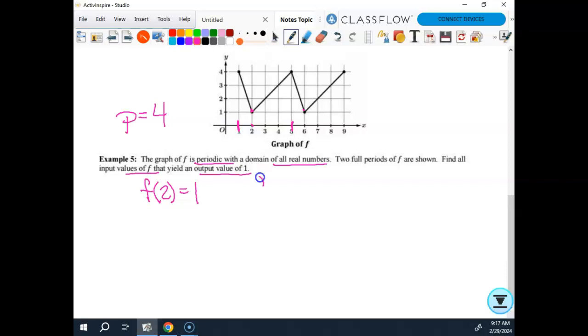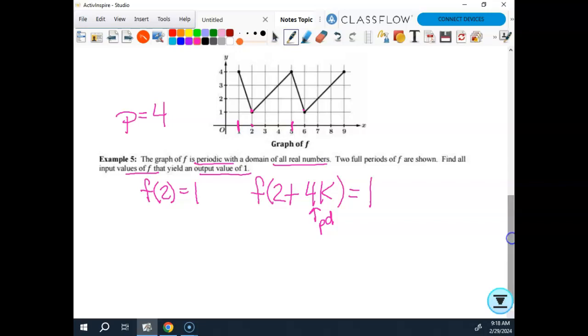So I know that f of 2 plus 4 times k, where 4 is the period, is going to have to equal 1. And k is an integer, so it can be negative. That's why you can put plus or minus. It doesn't matter which one you put, but you don't have to put them both.